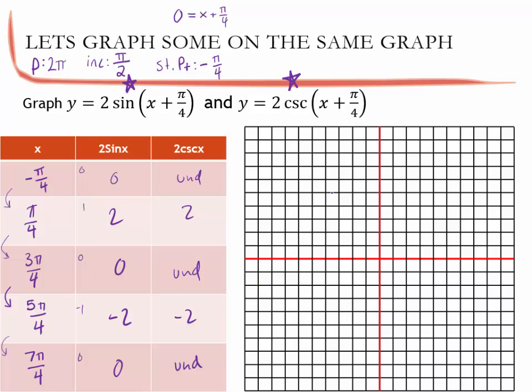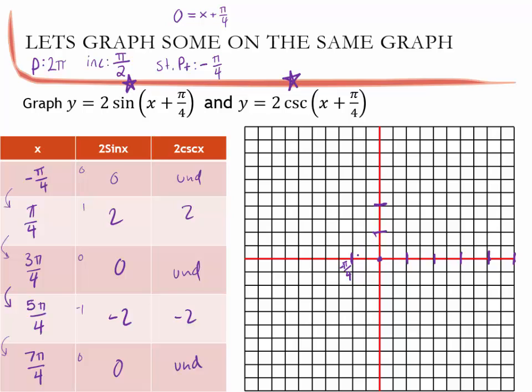Now we can graph it. Let's just graph a full period here. We're going to go by 2's. Now this one's a little funky, because I'm going to go ahead and just do this as negative pi over 4. 0.